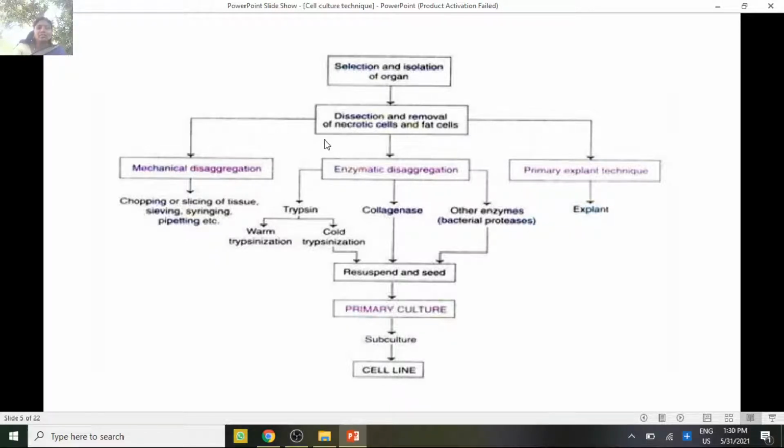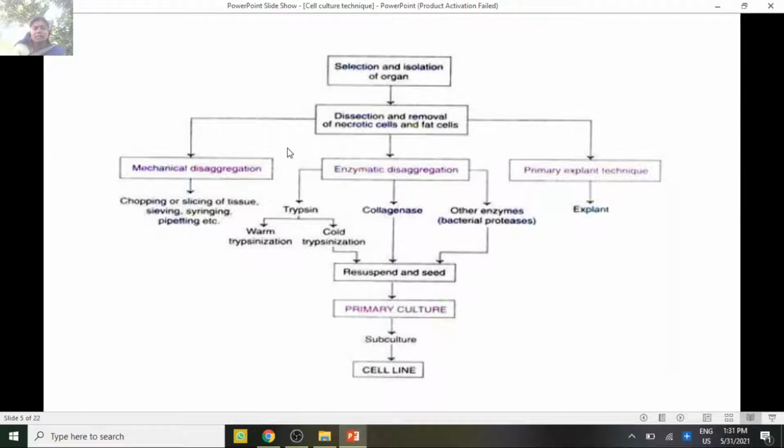Disaggregation of animal cells can be done by three modes: mechanical disaggregation, enzymatic disaggregation, and you can directly inoculate tissues to produce the primary explant technique, which grows the cells in in vitro condition.